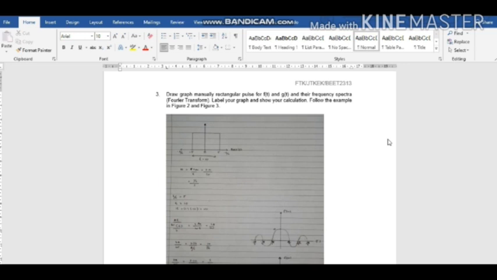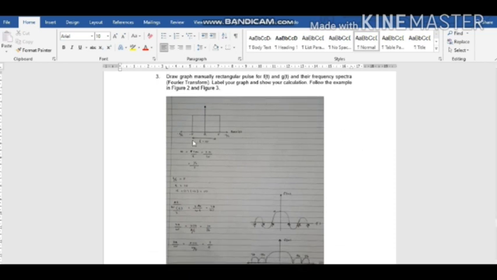So I will explain question number 3. The question is to draw the graph manually of the rectangular pulse for f(t) and g(t) and also their frequency spectra. So the first graph, at the top left, is the rectangular pulse.